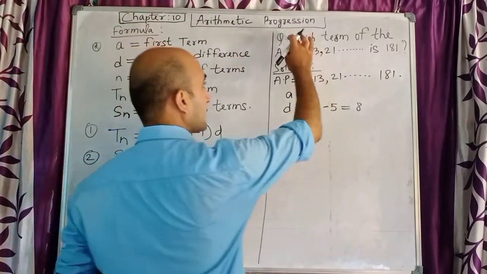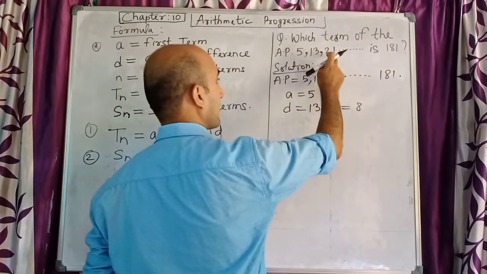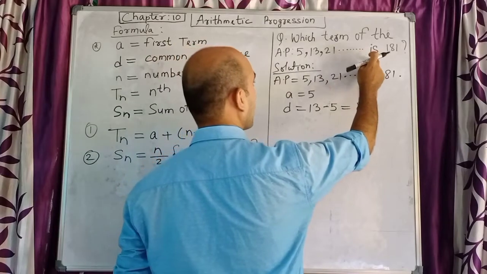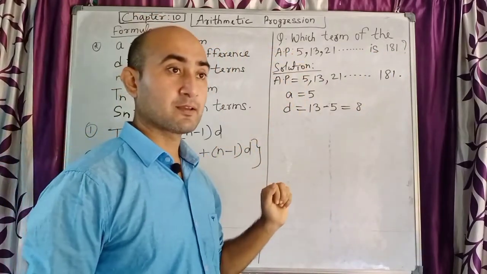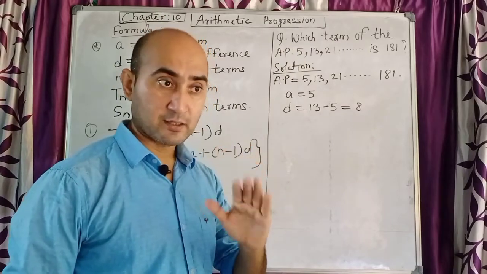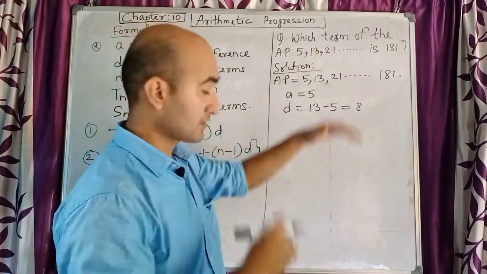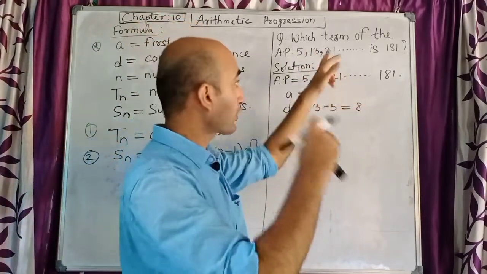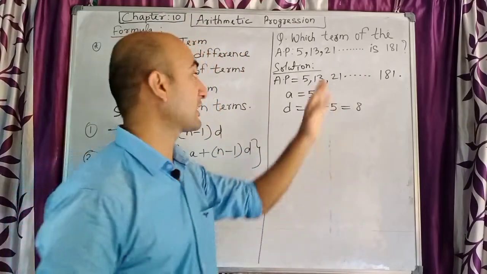Now the question: which term of the AP 5, 13, 21 and so on is 181? The number begins from 5 and there is a difference of 8, so you keep on adding 8. 5 plus 8 is 13, 13 plus 8 is 21, 21 plus 8 is 29, 29 plus 8 is 37.